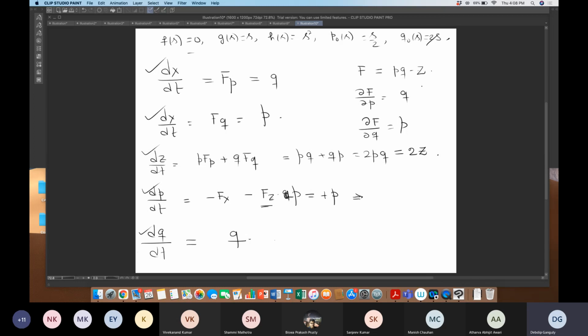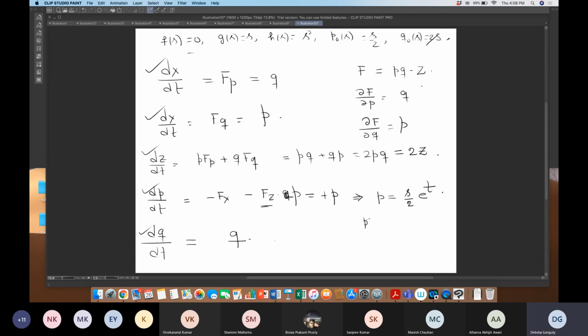So what can you say here? dp by dt equal to p, so p is equal to e to the power t times a constant.